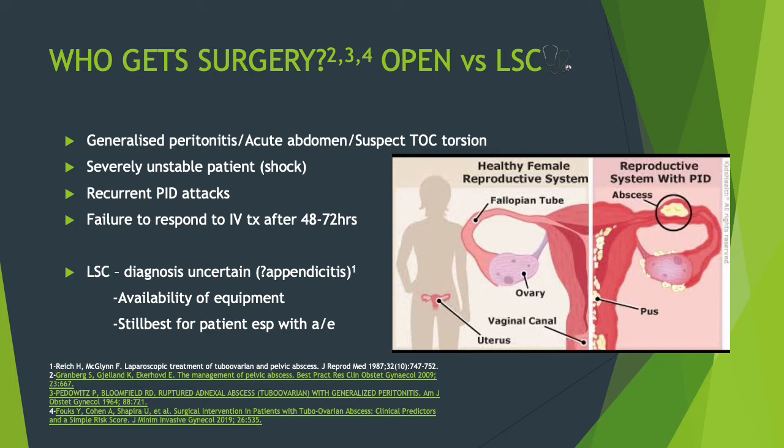When we decide who gets surgery, be it open or laparoscopic, there is lots of debate about the indications for surgery, and after looking at numerous studies, the decision was generally any patient that has generalized peritonitis, an acute abdomen, or in whom you suspect tubo-ovarian complex torsion, a severely unstable patient, especially ones that are shocked, a patient that has recurrent PID attacks, and any failure of response to IV therapy 48 to 72 hours after initiation of therapy.